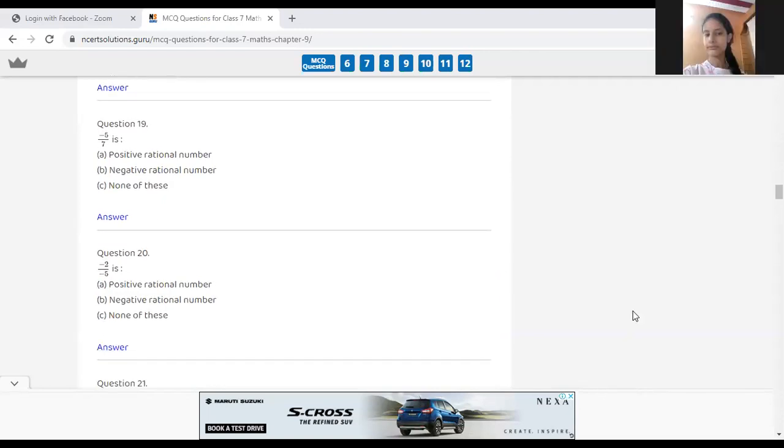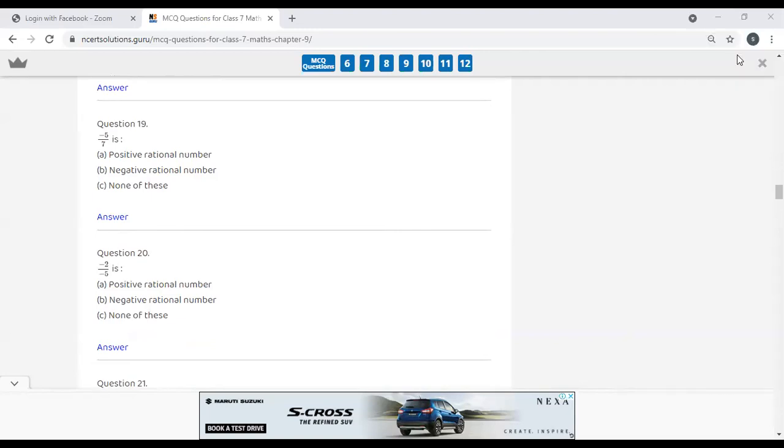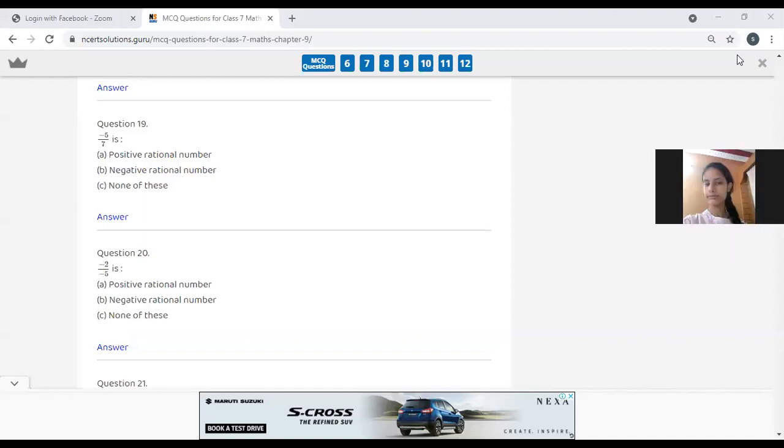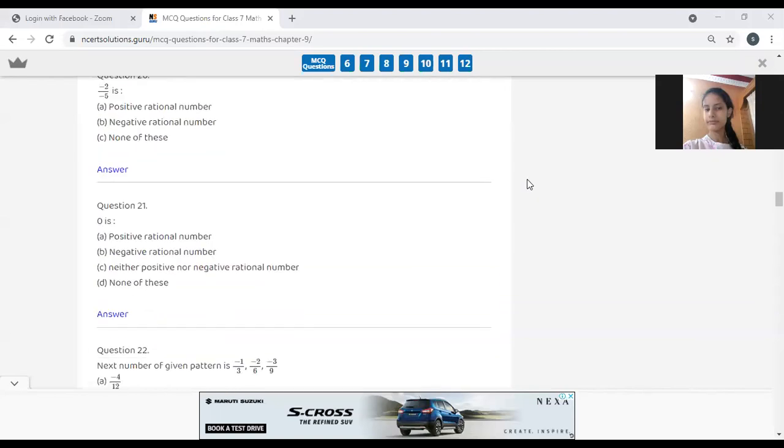Anmol. -2 by -5. Ma'am, negative rational number. Who is this beta? Anmol, it is not negative beta. Minus minus will cancel out. It will become positive. It's a positive rational number.